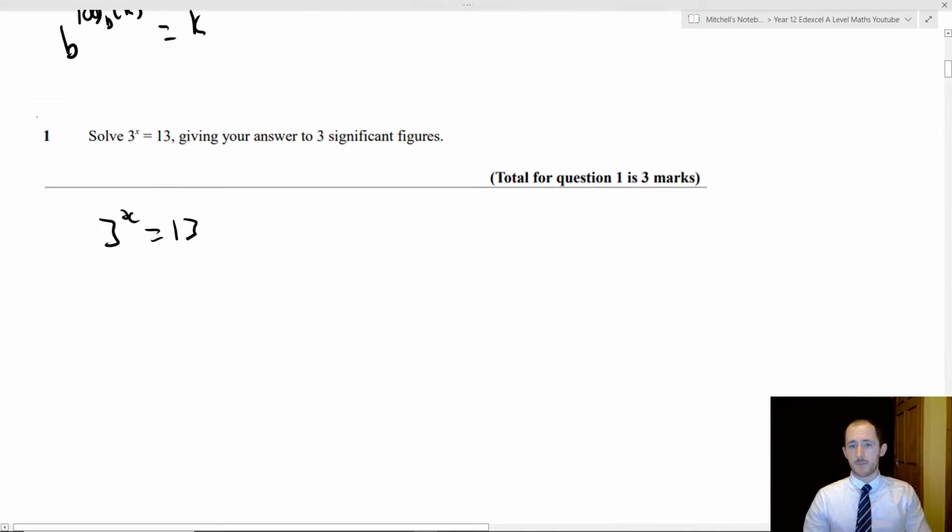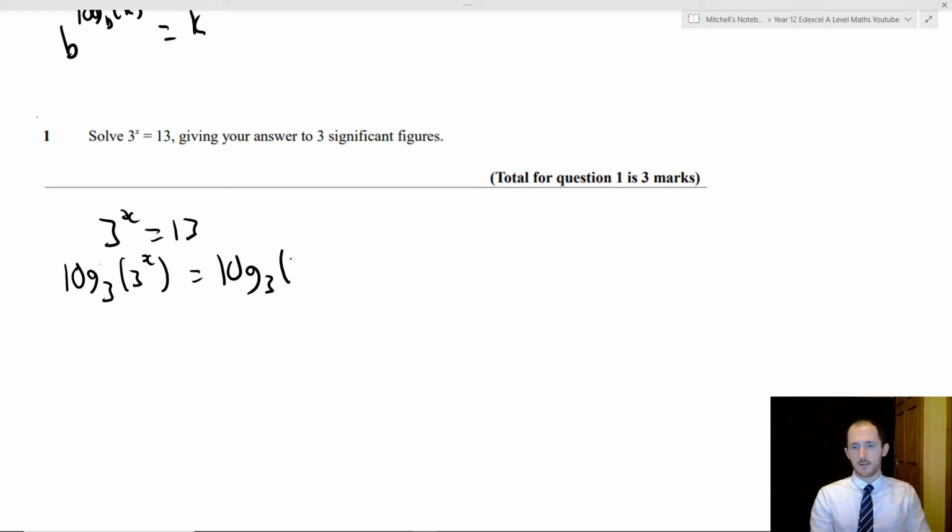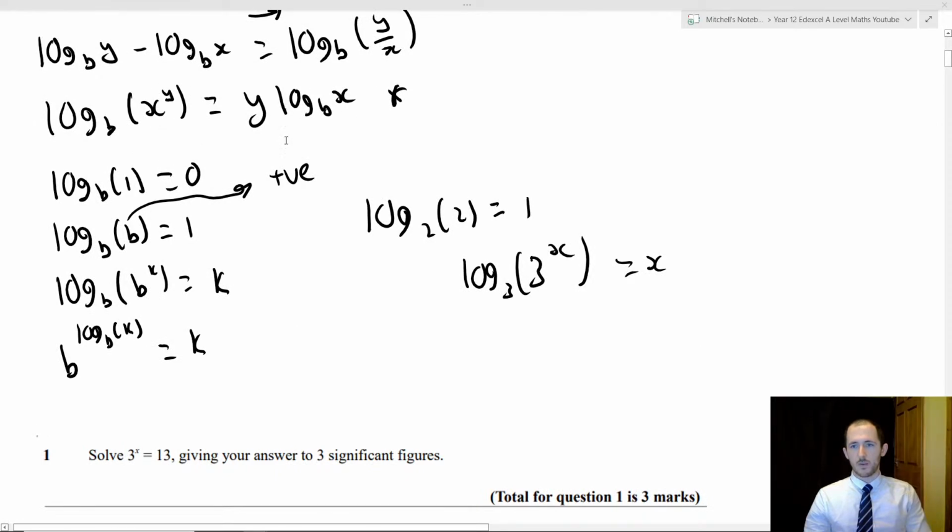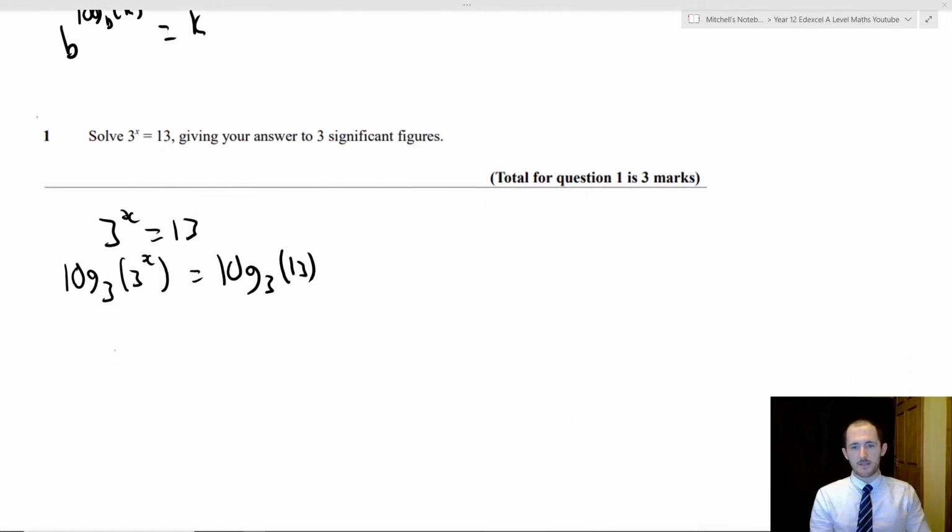If we ever want to get rid of a power, which we do in this case, all we do is we apply log to the base of that power: log base 3 of 3 to the x equals log base 3 of 13. Just to give you a reason as to why this works, from the power law, we can bring the power to the front. So now we have x. I'll only do this once, so don't worry, I won't do this every single time, because this is meant to be fairly quick.